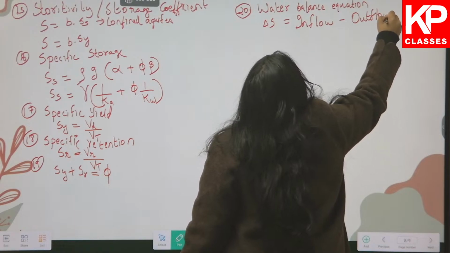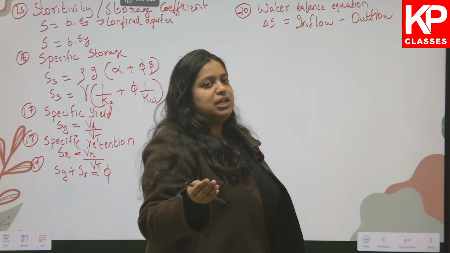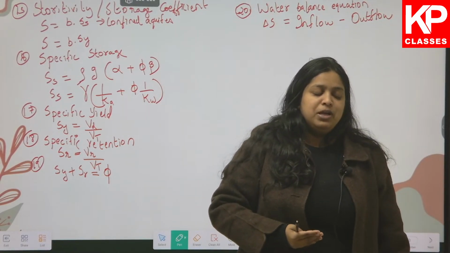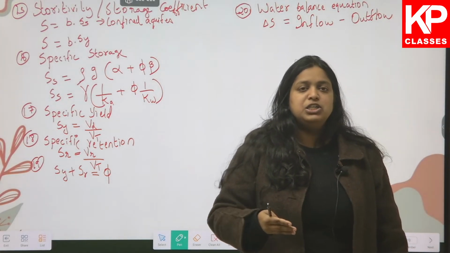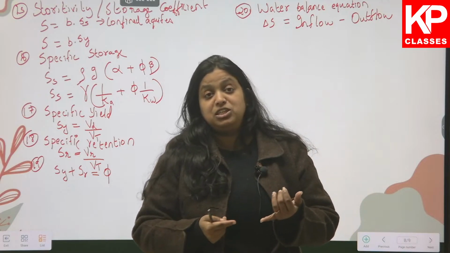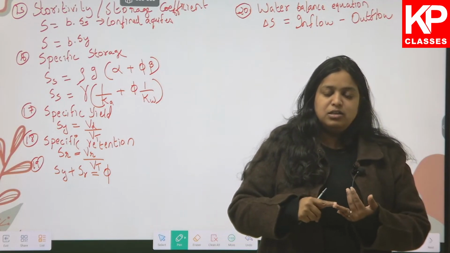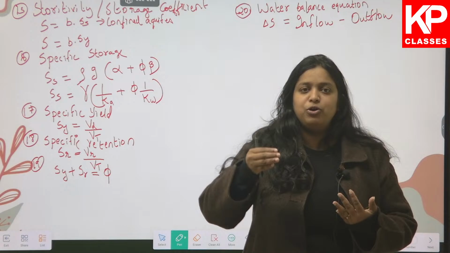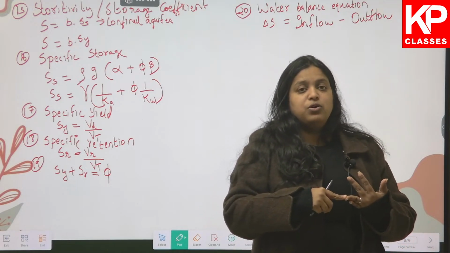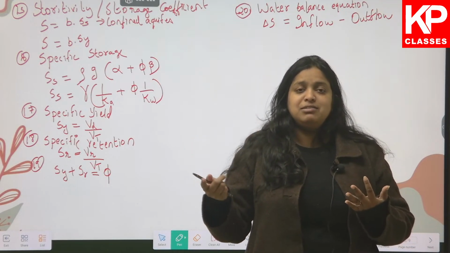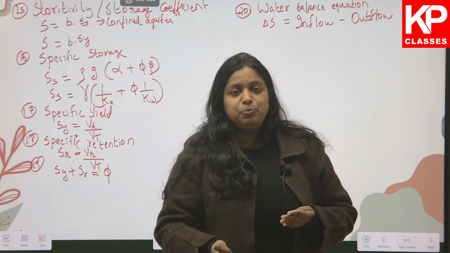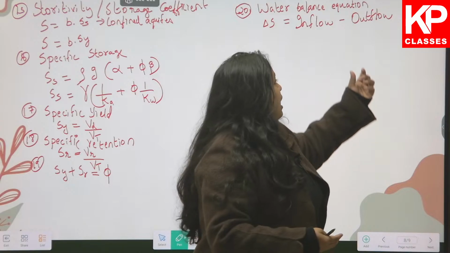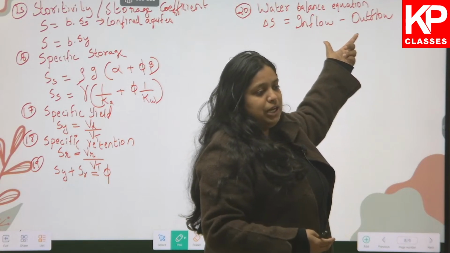Inflow means the amount of water that has been added into the system. If the system is a lake, water addition can be because of precipitation, or a surface water flow into the lake, or a groundwater input or an anthropogenic input of water. All these add as inflow into the lake.